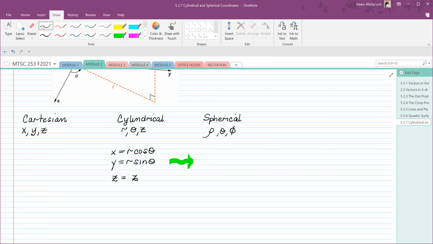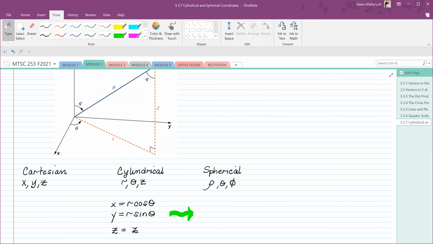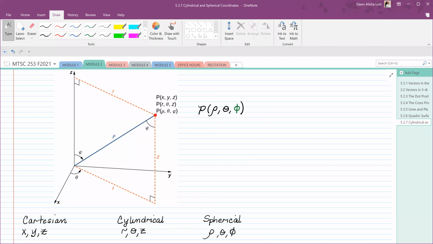All right, well, let's go back and look at our picture. You see the height z. So this is the height z. This is a right angle. So I know this length is z.